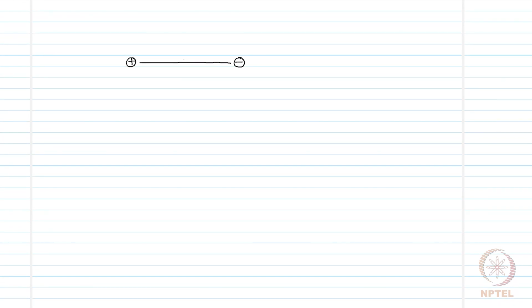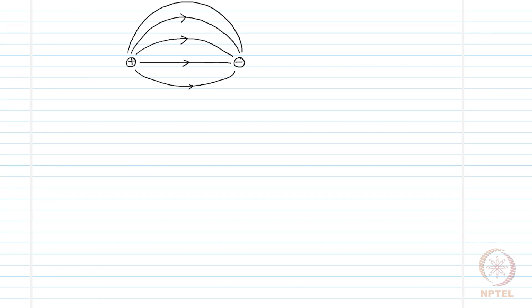So it will look somewhat like this. Away from that line it will be like this, symmetrically above it's like this, and this will go on, making many such lines connecting the two point charges.